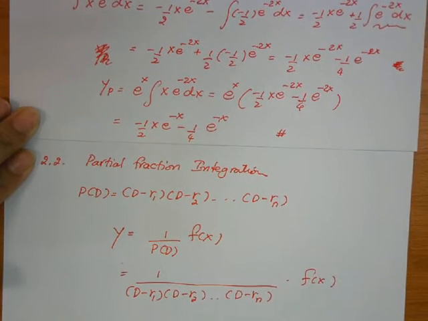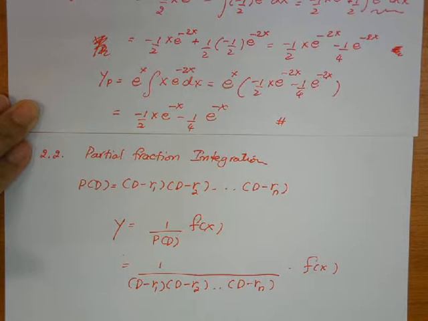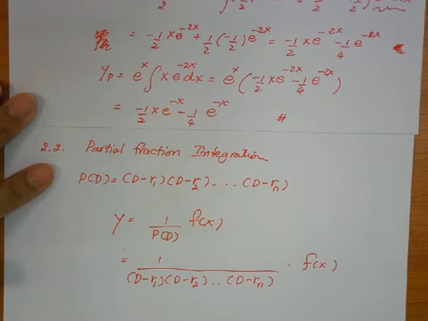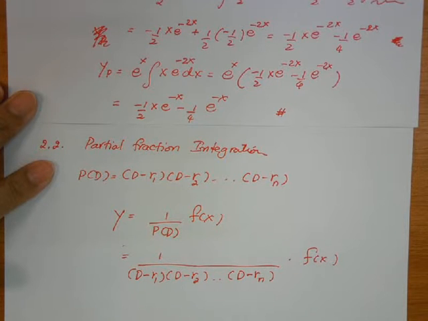In order to do the successive integration, what if I use the partial fraction technique to make the 1 over PD term in this form?